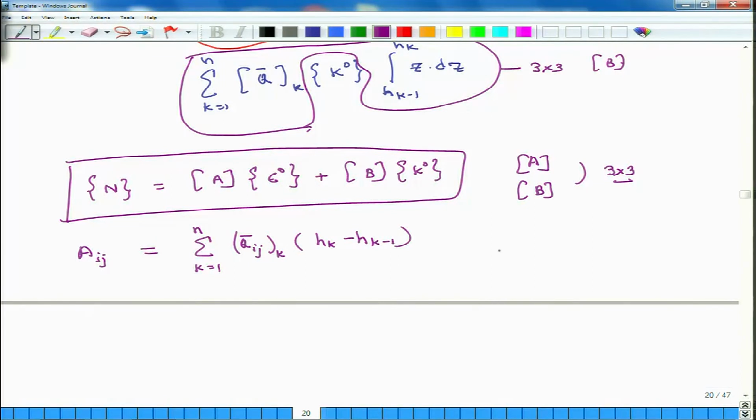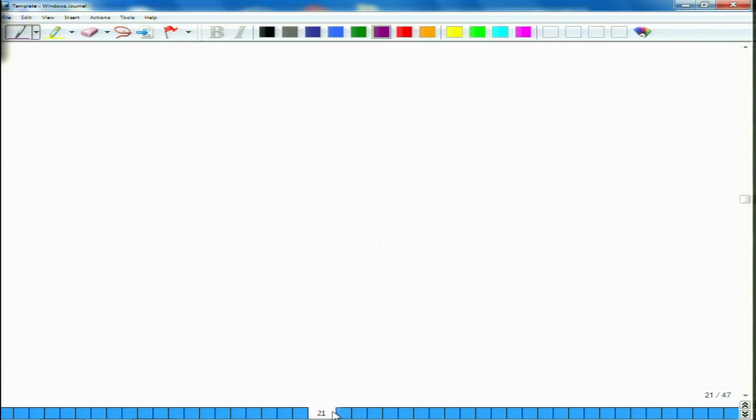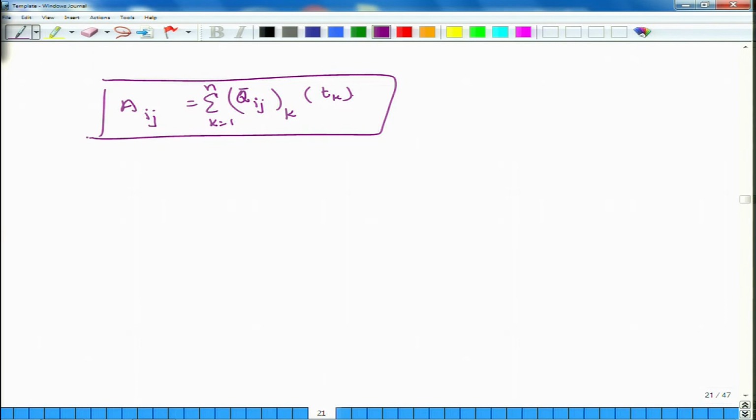Okay. But we know that Hk minus Hk minus 1 is the thickness of the kth layer. So, I can say that Aij is equal to Qij bar for the kth layer times Tk, summed for k equal to 1 to n, where Tk is the thickness of the kth layer. So, this is the definition of the A matrix.